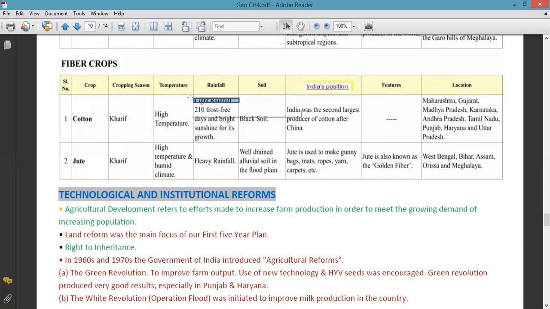On the whole, the cotton plant will take at least 210 days, like the total number of working days of school in a year.